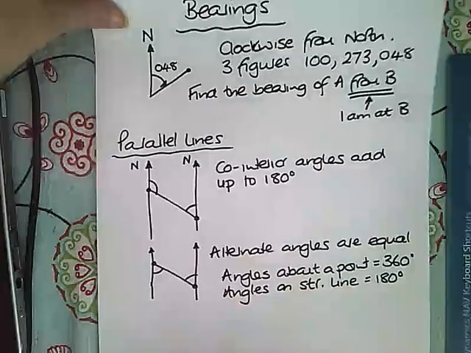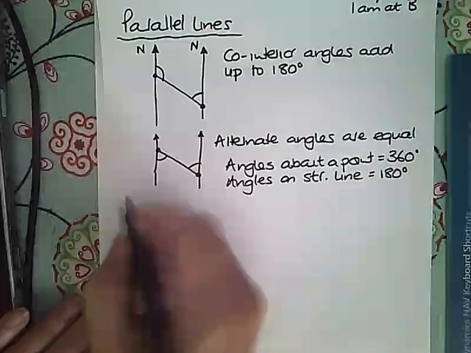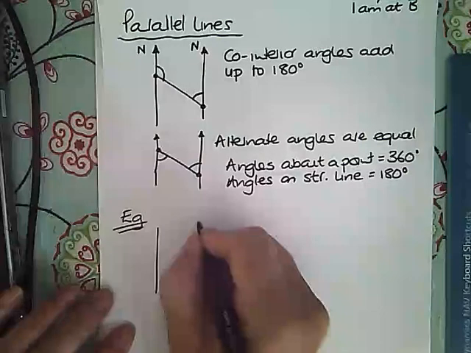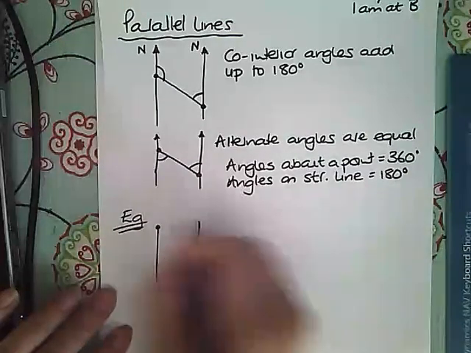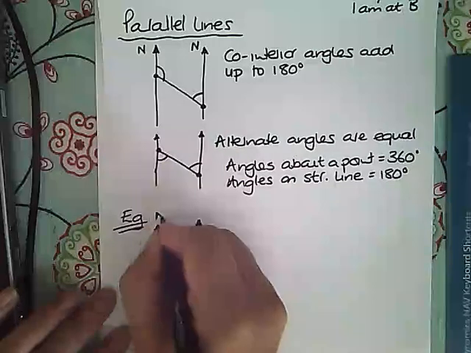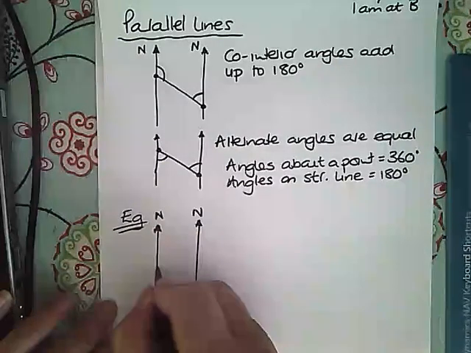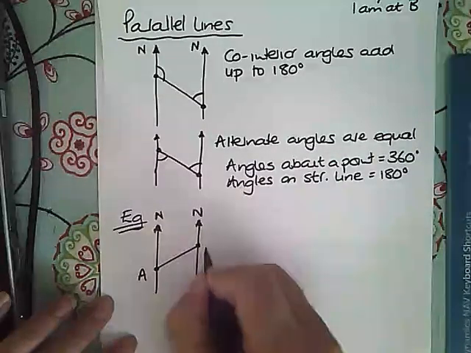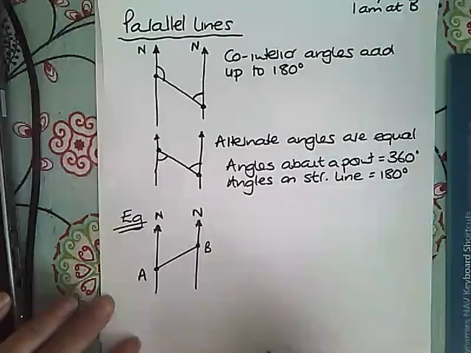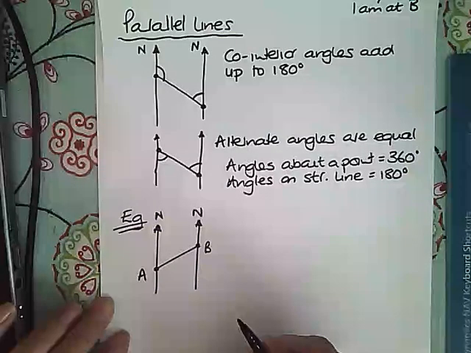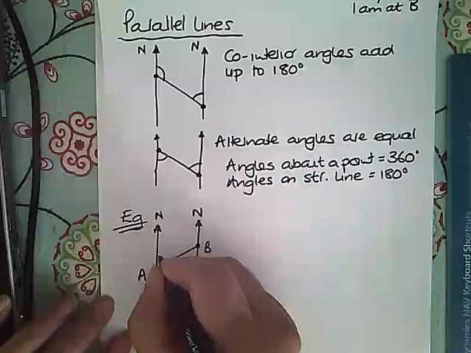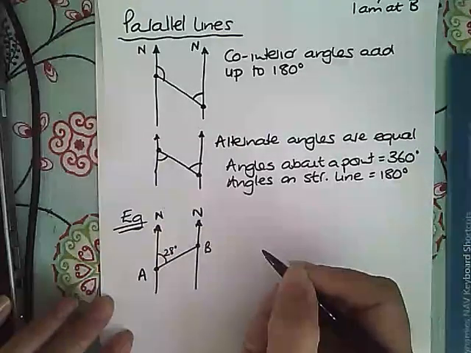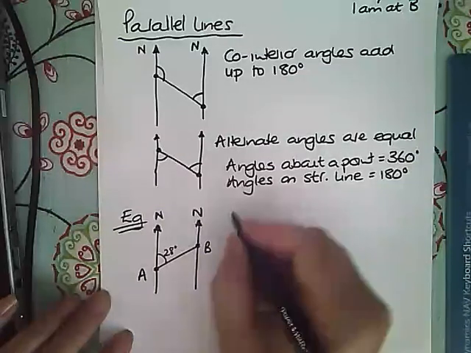So I'm going to do an example. If we have a diagram like this, and we've got a point A here and a point B here, and we are told that this angle is 28 degrees, and we are asked two questions.